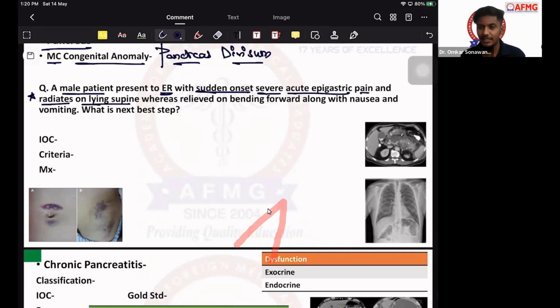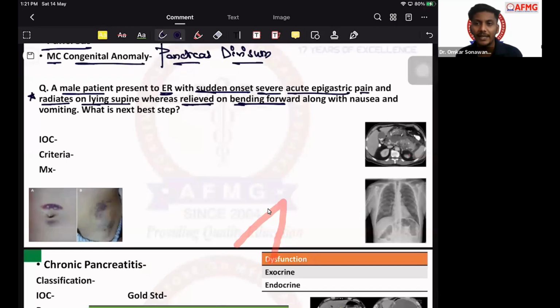This pain usually increases on lying supine, whereas it is relieved on bending forward, because the pancreas will not come in contact with the peritoneum and the muscles, and therefore the pain would be relieved. So it is increased on lying supine and decreased on bending forward. Usually the patient would be sitting in a tripod position, bending forward. This is the classical sign.